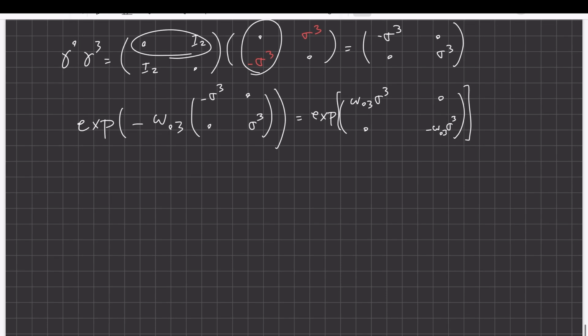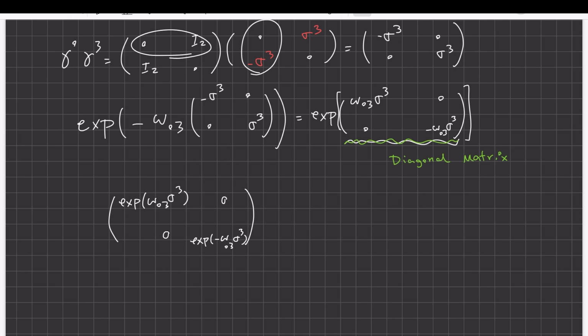And now we're gonna see what's the benefit of having a diagonal matrix here, because if you have a diagonal matrix and then you have a function of that diagonal matrix, for example, the exponential of a diagonal matrix, what you basically do is to just get the exponential of that variable inside of that diagonal term. So sigma 3 is a diagonal matrix, 1, minus 1.